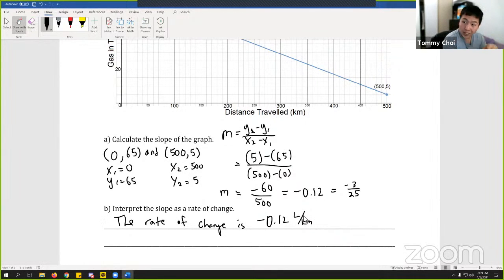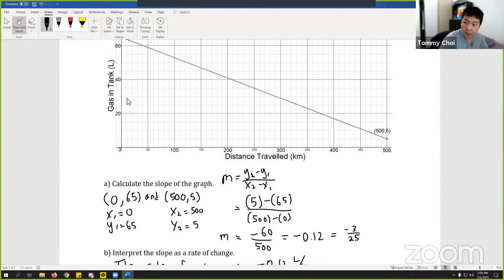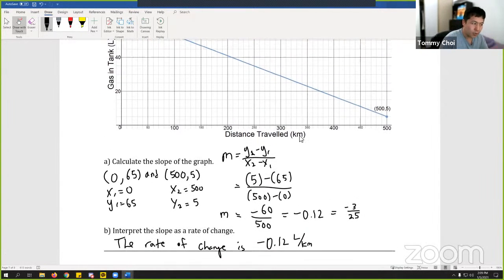Right? Y over X, rise over run. That's what we're looking at here. It's rise over run. So the rise, our Y unit was L, and that's why it's on top. And the X, the run unit, is kilometers. That's why it's on bottom. So the rate of change is negative 0.12 liters per kilometer.